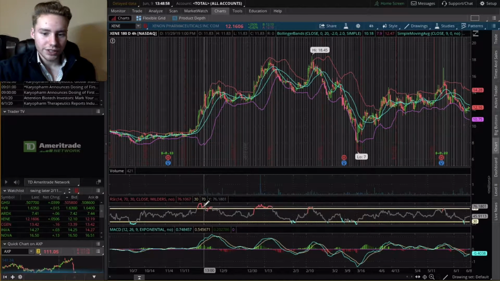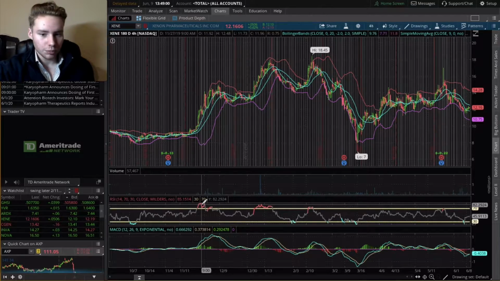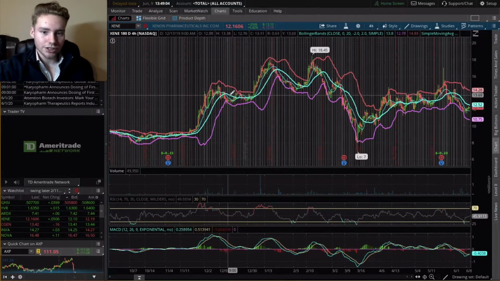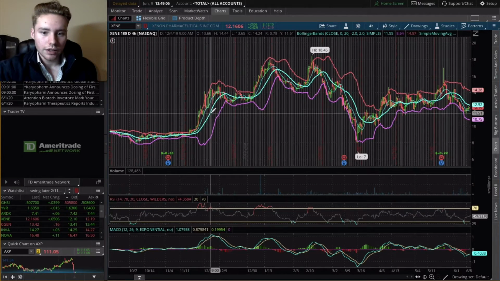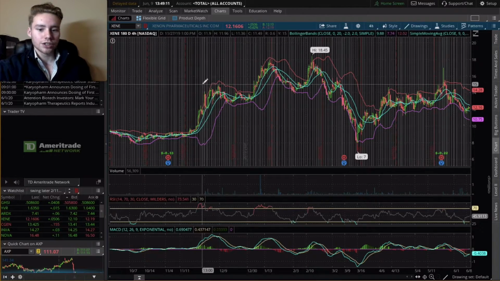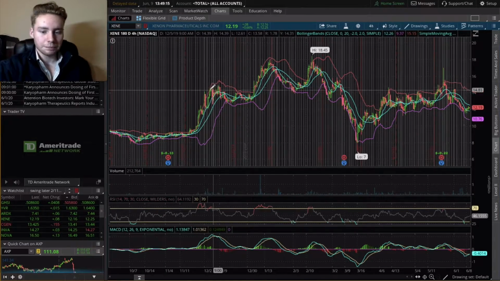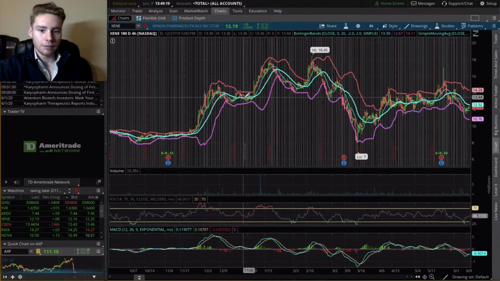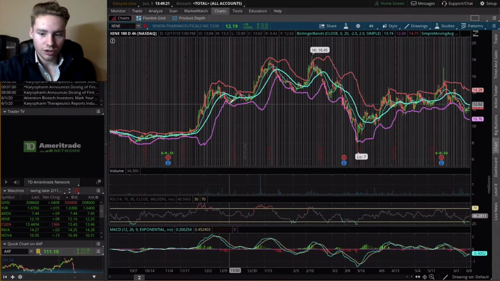The more overextended, the more overbought it is, it tends to go down after. So this peaks out here, and this would be like buying at retail price. You're not going to want to do that. You're going to want to wait for a return to a much lower RSI.